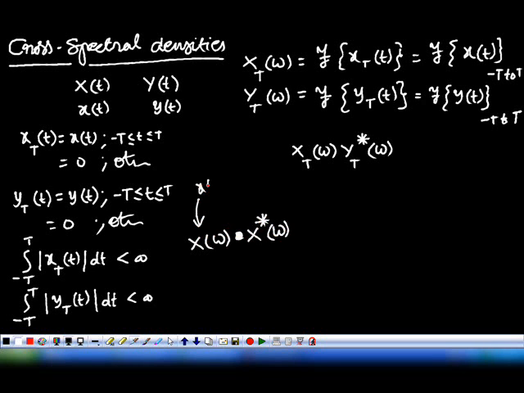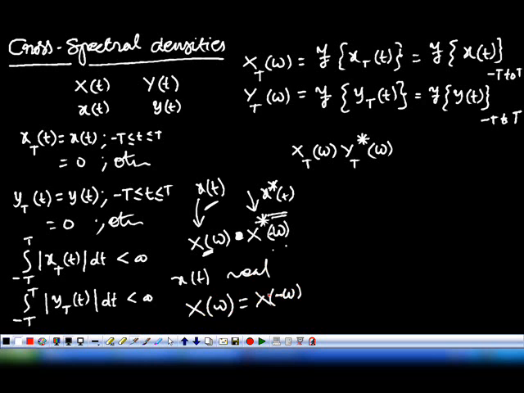Let the Fourier transform of x of t be X of omega. The Fourier transform of x star of t will be equivalent to X star of minus omega. Is it right? If x of t is real, this X of omega is equivalent to X star of minus omega.